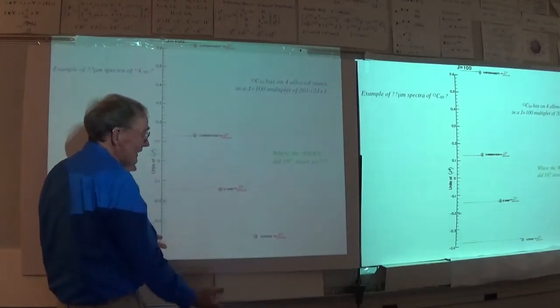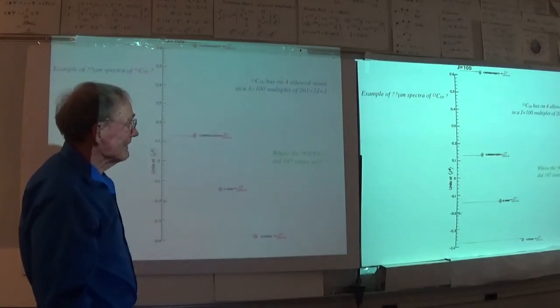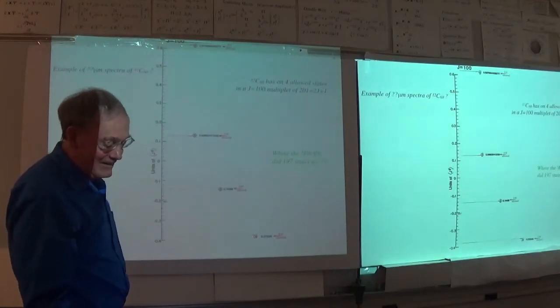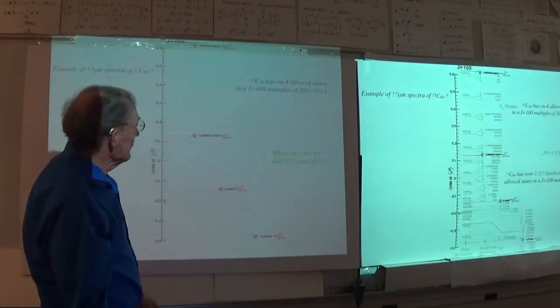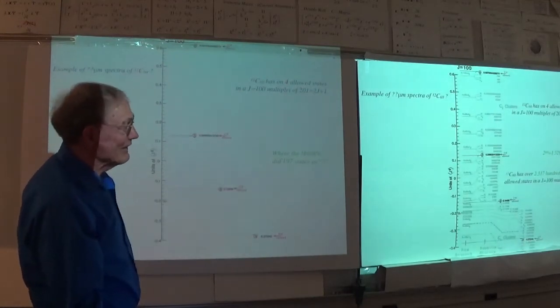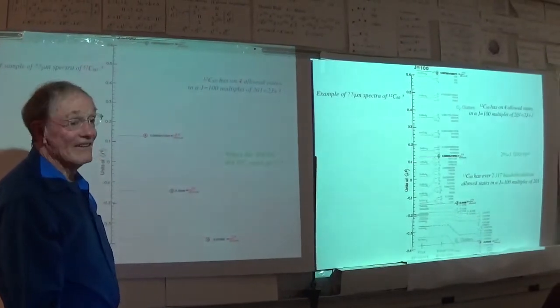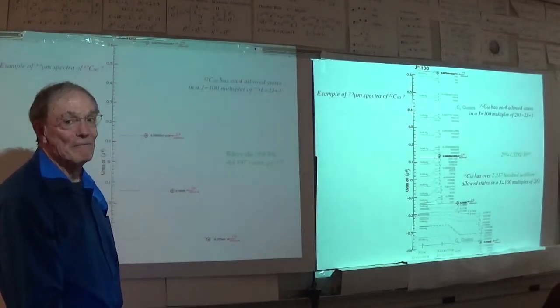And there aren't very many. It's only 4 in this particular case. So all these 4 peaks correspond to the states whose nuclear spin is 0. All those things that are behind the scenes there are gone. They do not exist. The molecule can't make them.